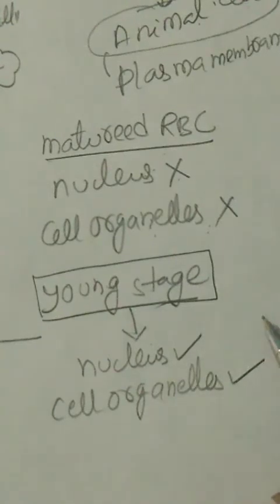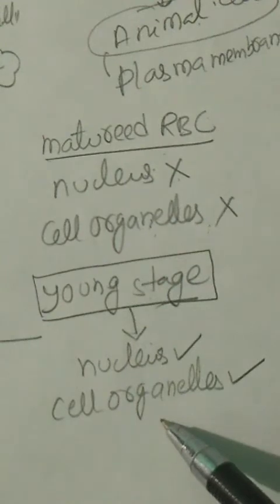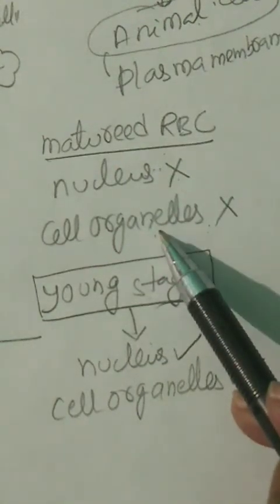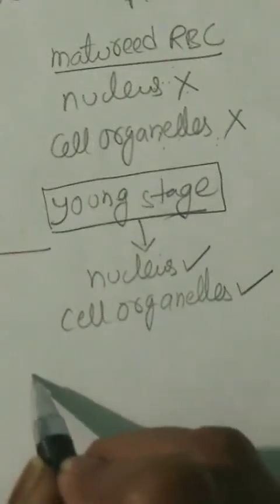The young RBC, which has a nucleus and other cell organelles, will lose its nucleus and cell organelles during a stage called the reticulocyte stage, during its development.